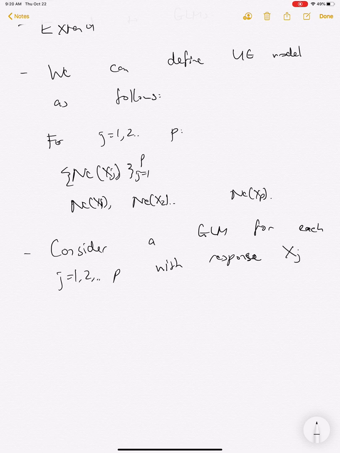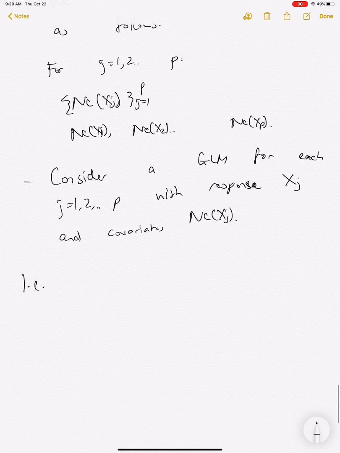So once again, we're doing something a little bit different here, where we're treating the response y as an xj, and what we're treating as our covariates are just the neighbors of xj.